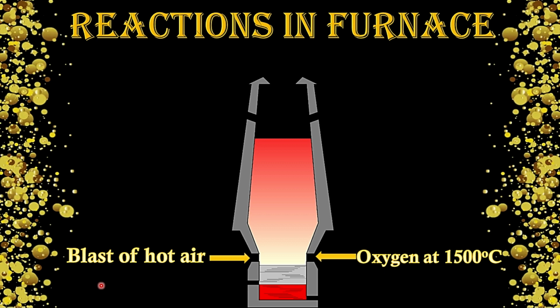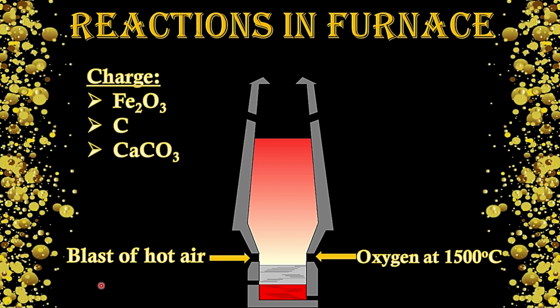This hot air mainly contains oxygen and it is preheated to 1500 degrees centigrade. Therefore, this furnace is known as blast furnace. From the top of the furnace, charge is entered. This charge contains, as I have told you, iron ore Fe2O3, coke, carbon, limestone CaCO3, calcium carbonate.